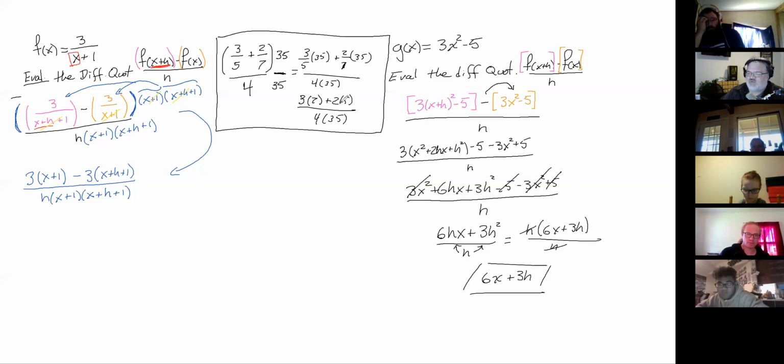We've got, what, 21 plus 10 over 140. So this is really exactly the same mechanic as this clearing fractions up here. It just looks a tremendous amount worse because of all the size of those expressions.